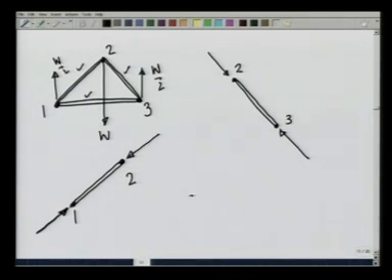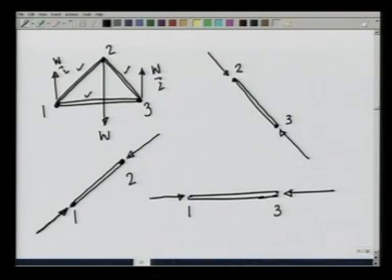And on the rod 1 3, again the rod 1 3 is in equilibrium, so the forces at 1 and 3 have to be collinear, because if a body is in equilibrium under two forces, they have to be collinear. So, now we know the force directions. Let us analyze this further. If all the rods are equal, then all these angles will be 60 degrees.